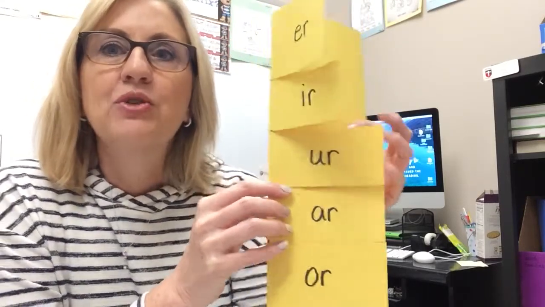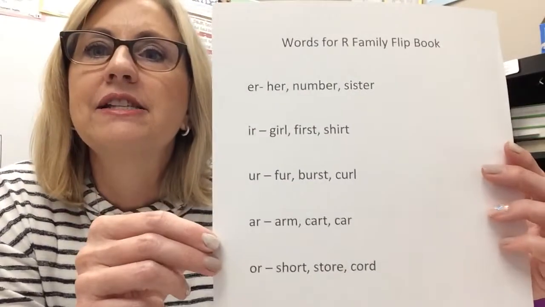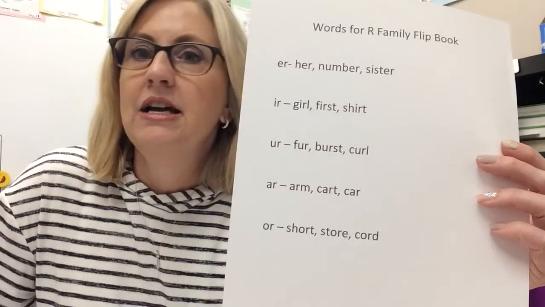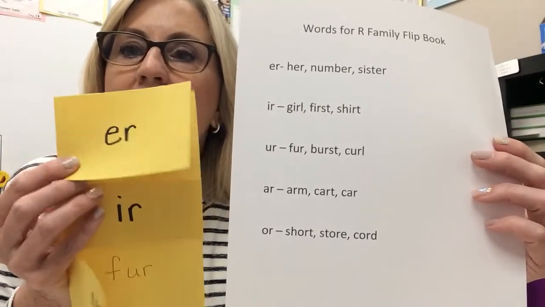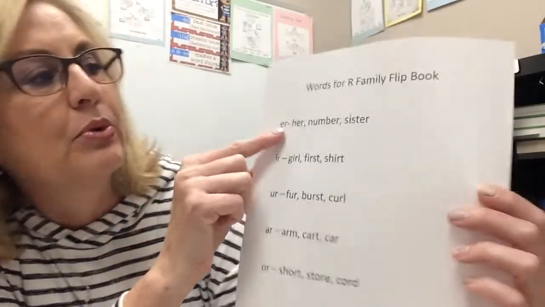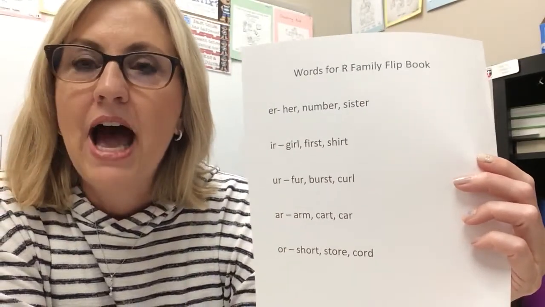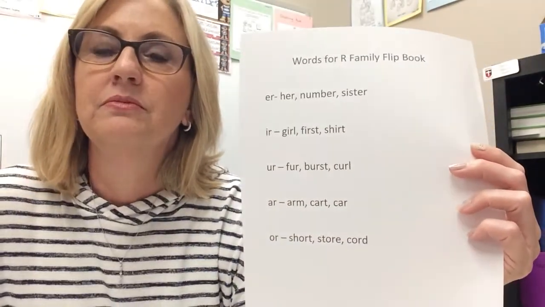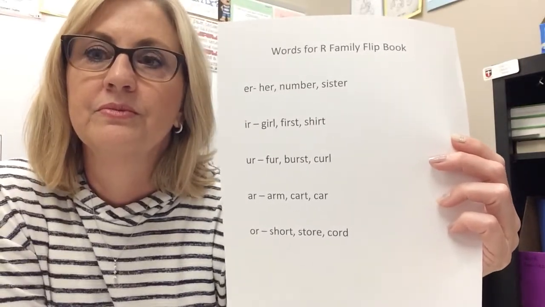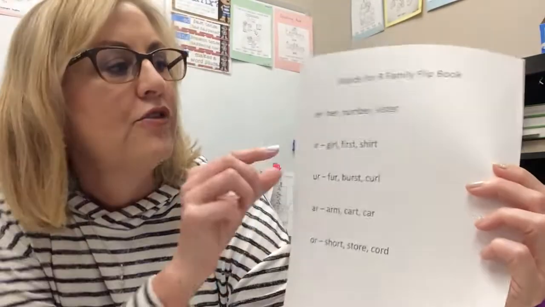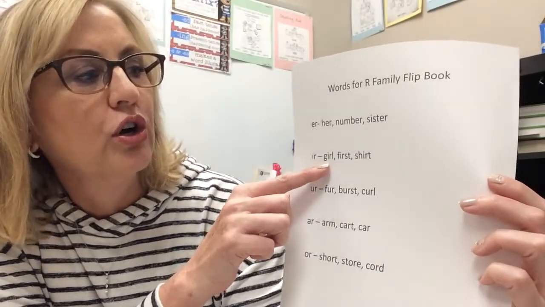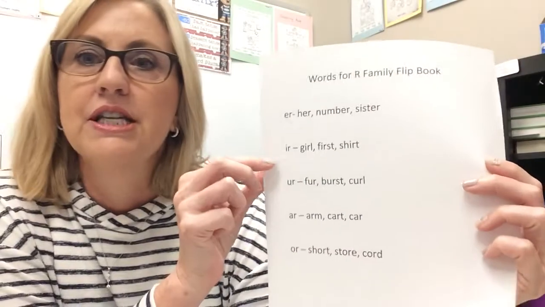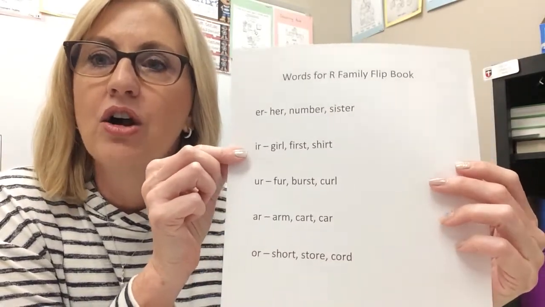Okay, now after you have those cut, inside you're going to pick a word to write to help you remember which sound it makes. Here are your list of choices to write on the inside. So when you flip it open for ER, there are 3 words I gave as examples: her, number, sister. Pick one of those to write under the flipped ER. Okay, for IR, you get to choose girl, first, or shirt to write as your example of an IR sounding word.